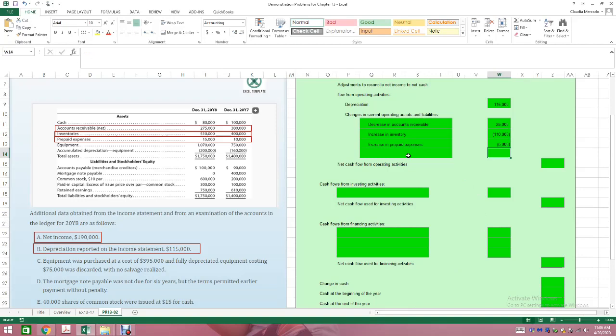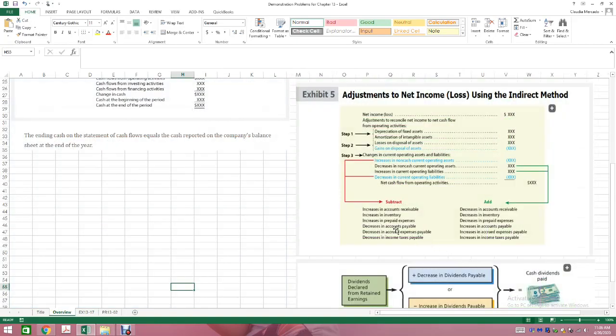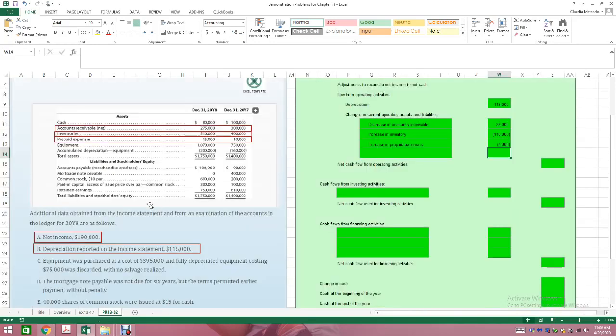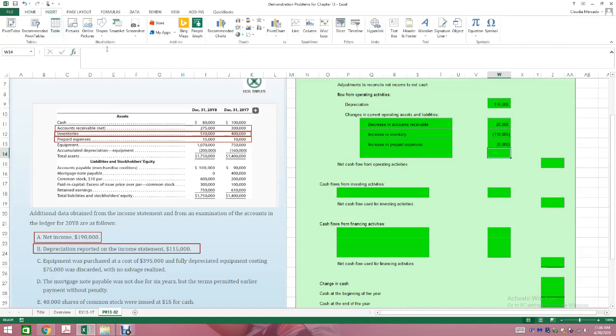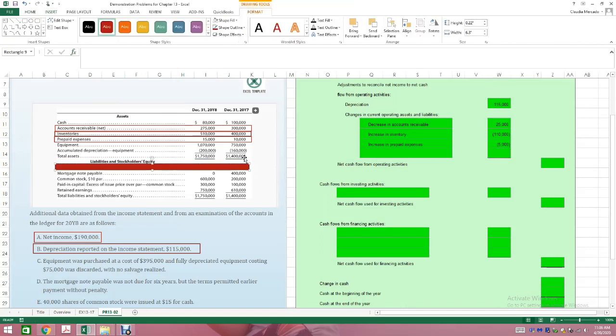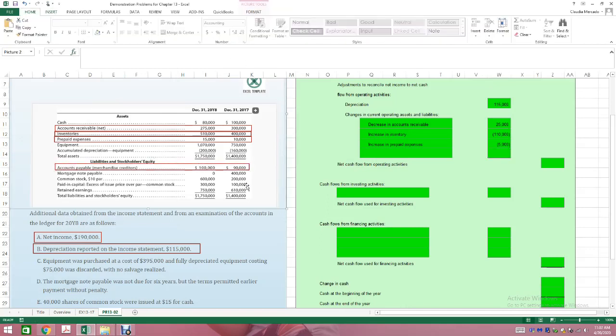Now we're going to look at our next section, which is our accounts payable. Let's look at the problem. This is just our short-term liabilities. We have accounts payable. We went from 90 to 100,000.